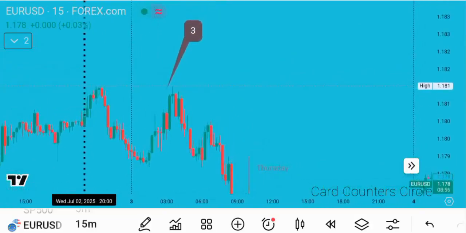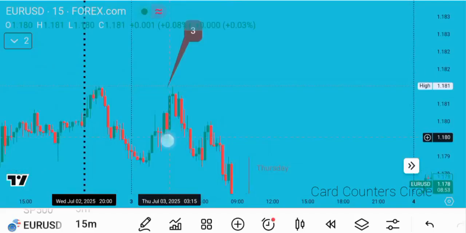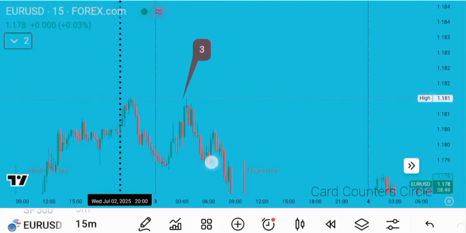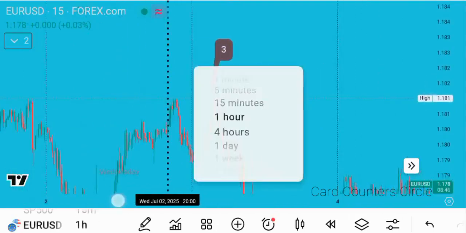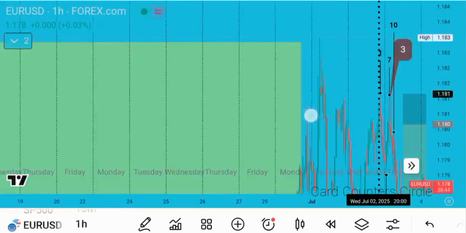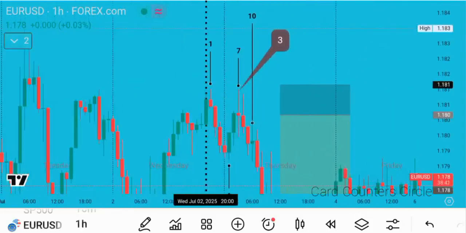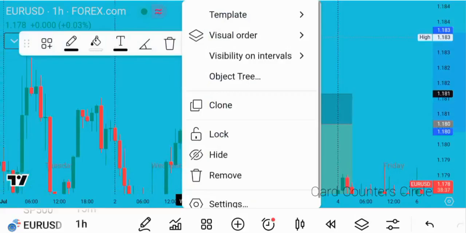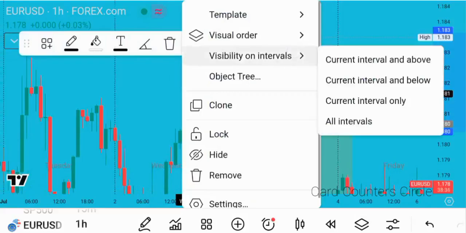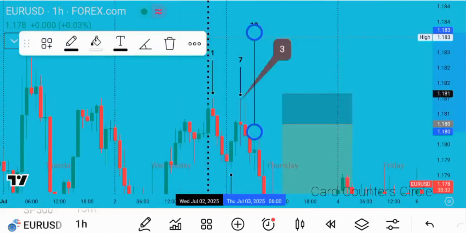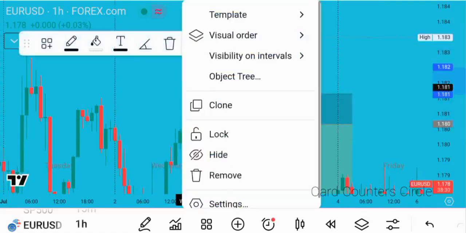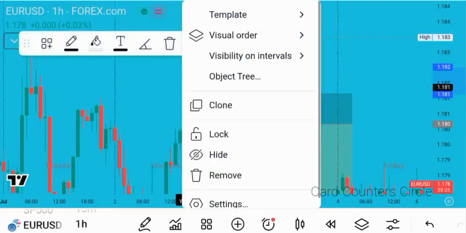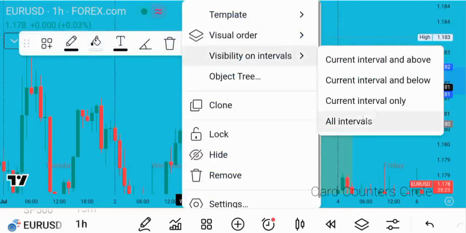Now we know that within this region we have 7, right? Okay, it is very annoying when it doesn't transfer the count down to the lower time frame, but I think we have to change the interval to have that result. So let's change the time interval, all intervals.